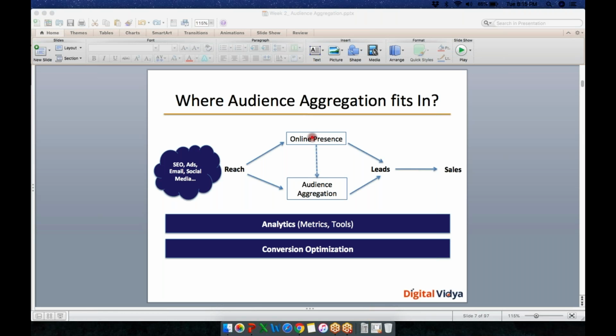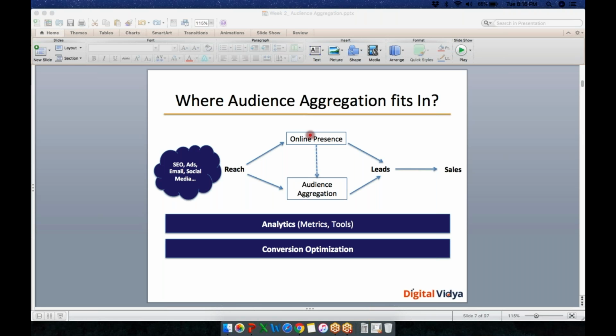Now, out of the 97%, let's take a ballpark. 50% of them are non-relevant people who have landed on your website or on your Facebook page or on some group, some community, whatever you have. Assume 50% of that is waste. You're left with about 47%.